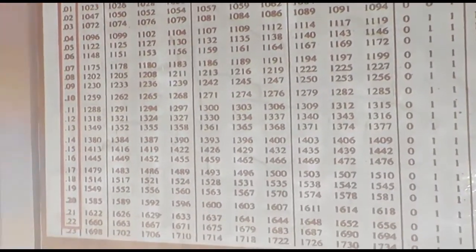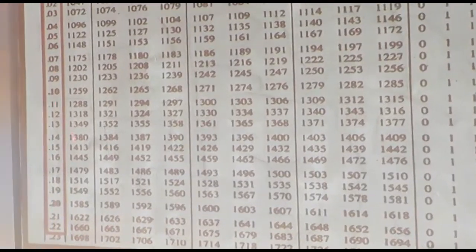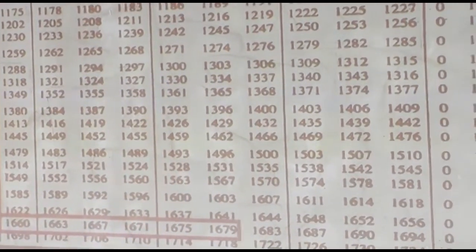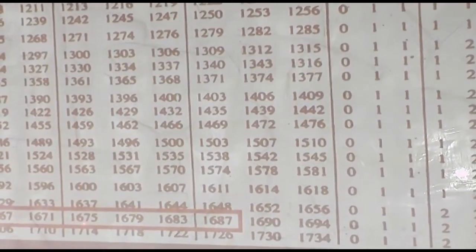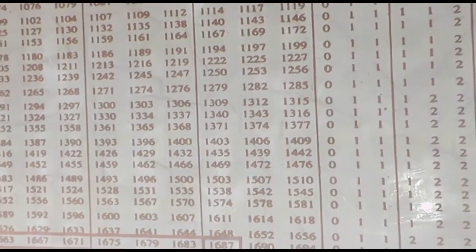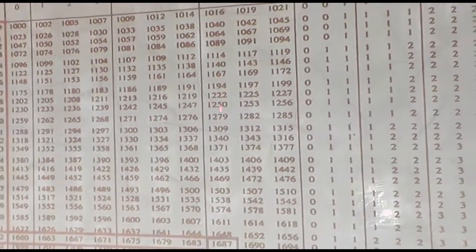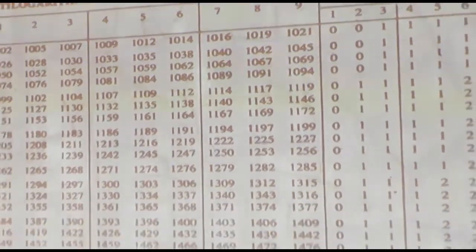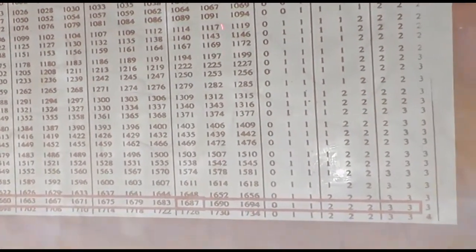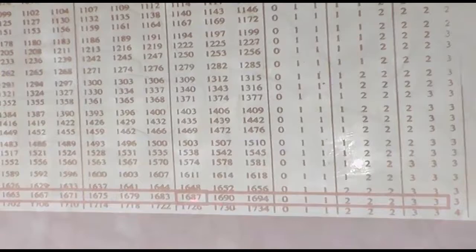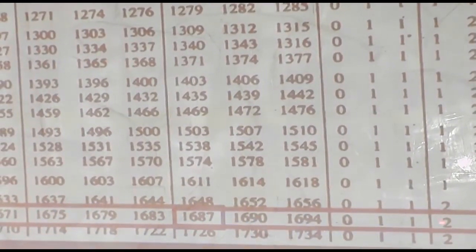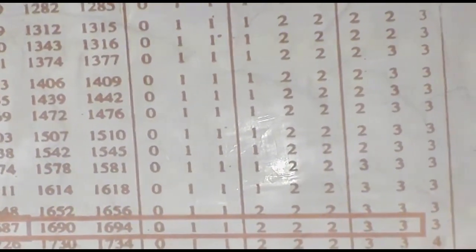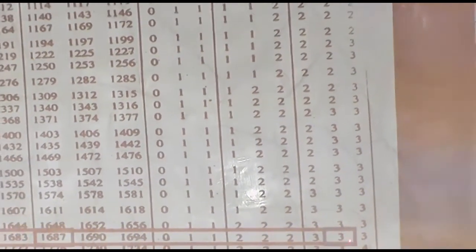I locate 22 under X, then I come straight along this row of 22 to the next digit, which is 7. I come to the column header 7 here, and I'm given 1687. Okay? Now I head still straight, maintaining this same row, to the difference part, headed 8. So I have 3 there.